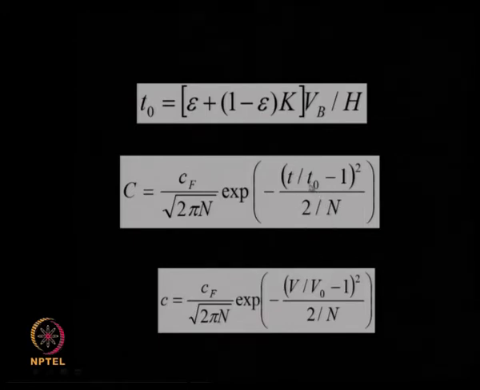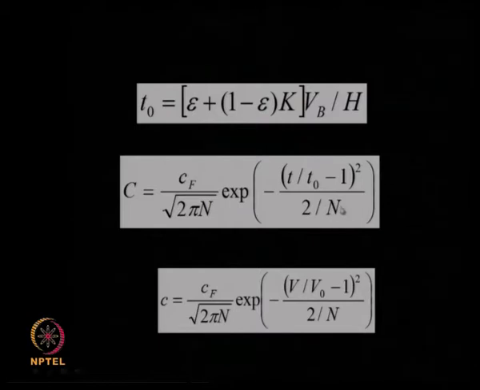Now instead of T naught, elution time, we can also use elution volume. That is, instead of T we can substitute V, so we get V by V naught. V naught is the maximum elution volume, the volume at which you get the maximum in that peak. So these two equations are very useful.